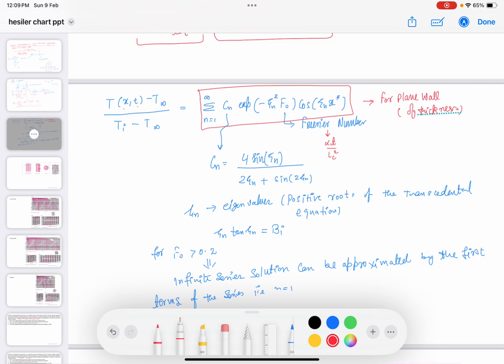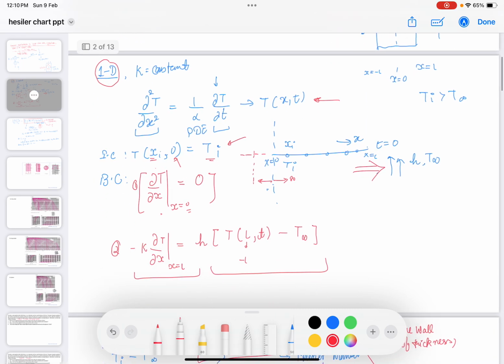accounting for the spatial and time variation of the temperature, let's say this first term, the exponential term, has the Fourier number in it. The Fourier number is alpha t upon characteristic length squared. So time variation is accounted for in this first term, and the second term has this non-dimensional spatial coordinate, which is nothing but x by L for this plane wall.